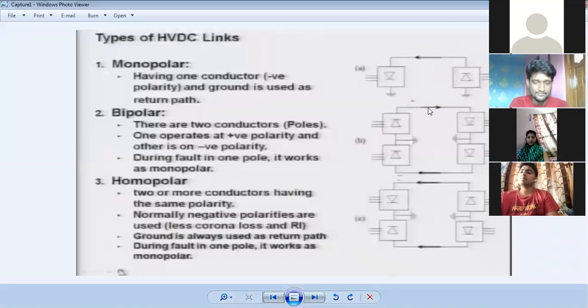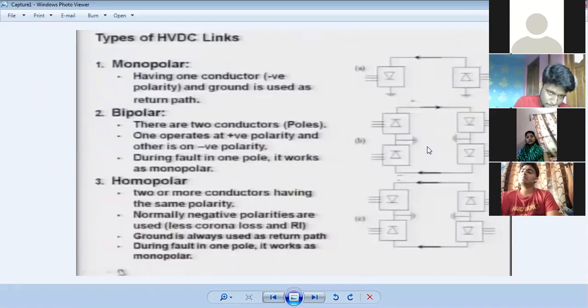We know power is equal to voltage times current. Generally VDC and IDC are there, but in case of bipolar the difference between the positive conductor and the negative conductor is 2 VDC. So in case of bipolar the equation is P = 2 VDC times IDC.